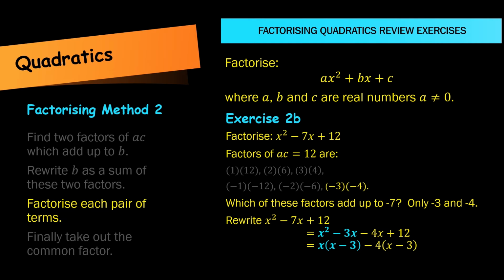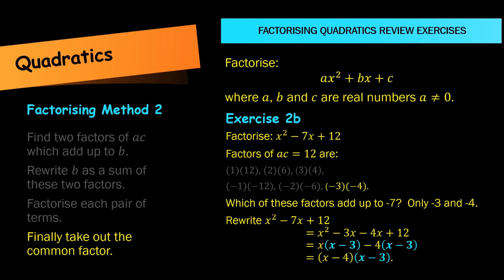So x squared minus 3x becomes x times (x minus 3), and minus 4x plus 12 becomes minus 4 times (x minus 3). As you can see, x minus 3 is common to both parts, so we take out the common factor, as shown. And x minus 4 is the other common factor.